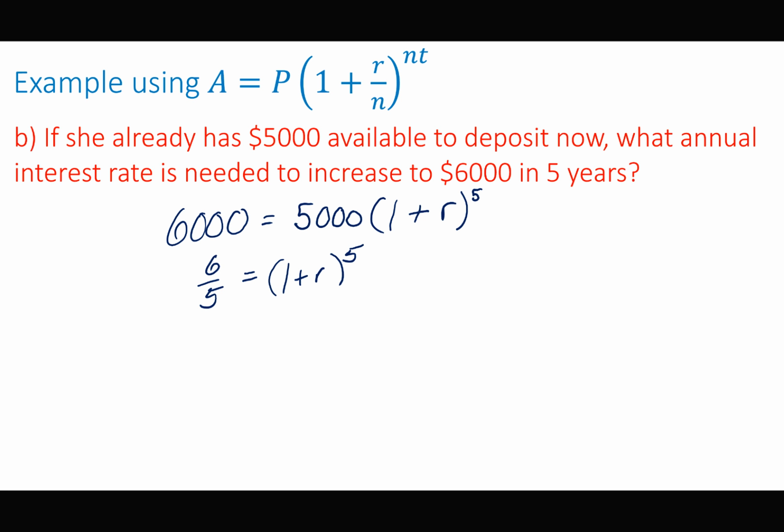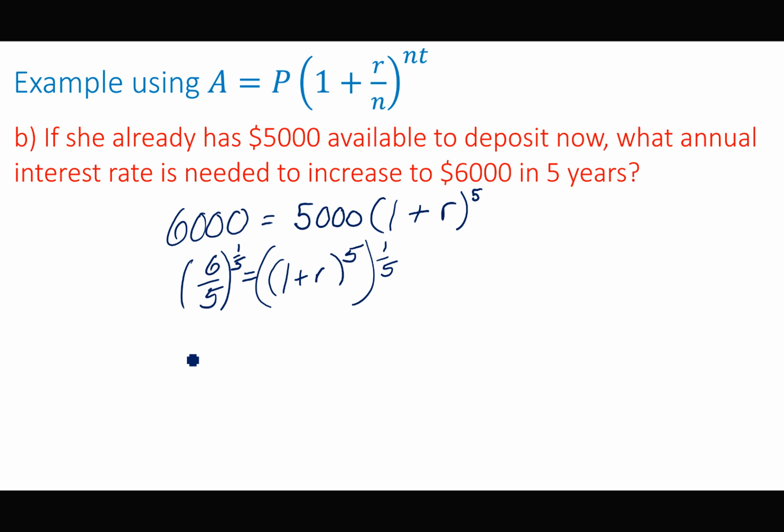Now, where do I go from here? Because I want to undo that 5th power, I can't do anything with that 5th power hanging on. What could I do as a next step? Okay, so Mason, you made a radical symbol. Okay, so we could do the 5th root, which is the same thing as raising it to the 1/5 power, but I have to raise this to the 1/5 power as well, or the 5th root.